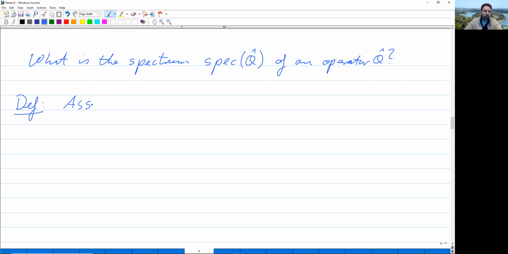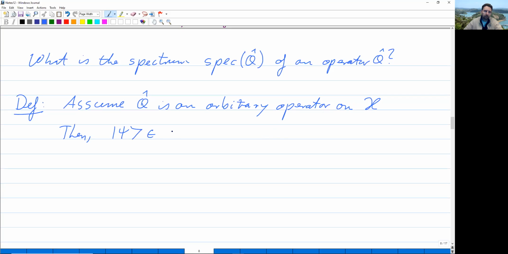Assume Q hat is an arbitrary operator on our Hilbert space H, on some domain in H. Then psi, which is some vector in the domain of Q hat, yeah, I should actually write it like this, it lives on its own domain, D of Q hat, which is a subset of the Hilbert space.